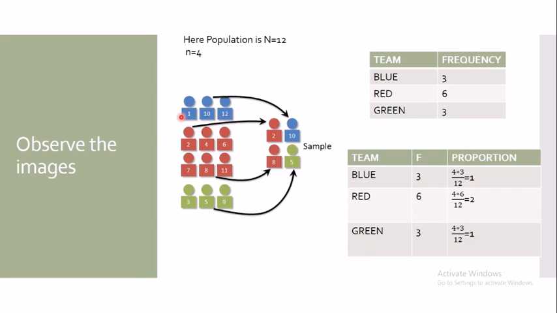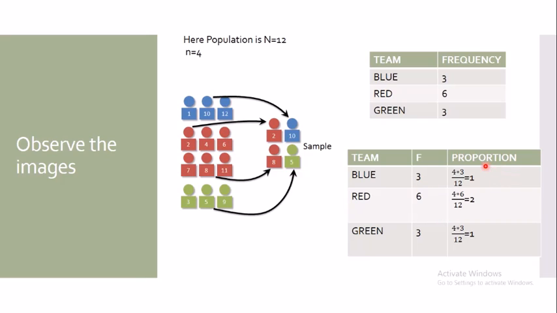Let's have a look at the blue team. I need someone from the blue team, right? So I'm going to use a simple random sampling method. But I had a confusion: even by using simple random sampling, how many members should I pick from the blue team?